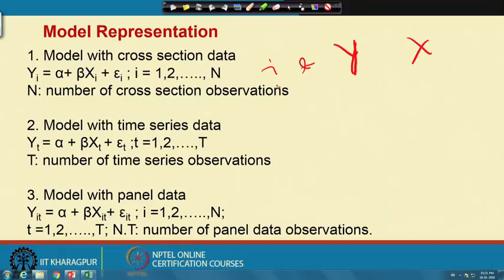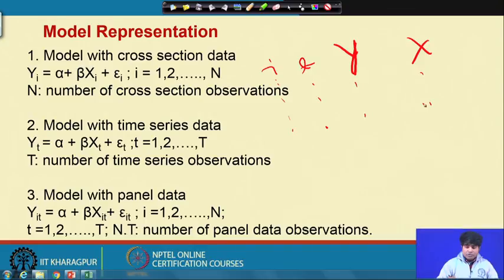So, i can vary and t can vary, and similarly y and x can also vary. At a particular point of time, keeping i equal to 1, t can vary up to a certain point of time. Then when i equals 2, again the data points can vary to some extent. When i equals 3, the data points can vary again like this.